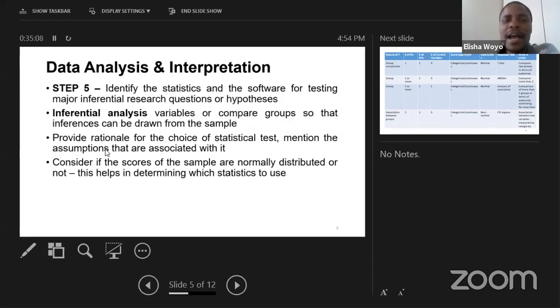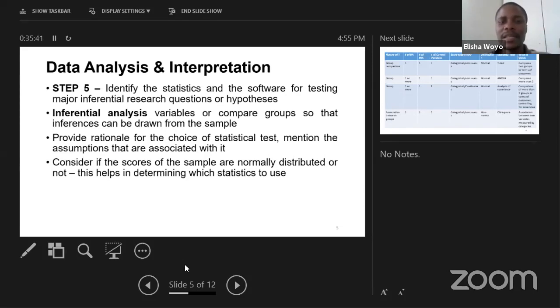If you are to run structural equation modeling, you should always provide a rationale for the choice of the statistical test, and you must be in a position to mention the assumptions associated with all this. So it's quite important that when people write these sections, they are able to provide the rationale of why they are using that kind of analysis.